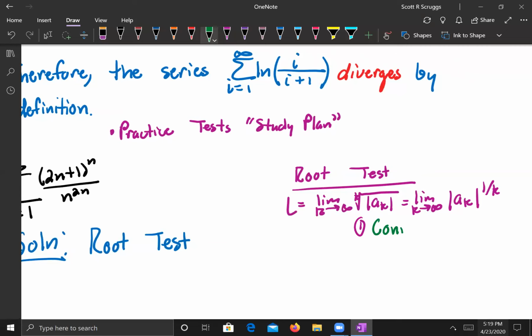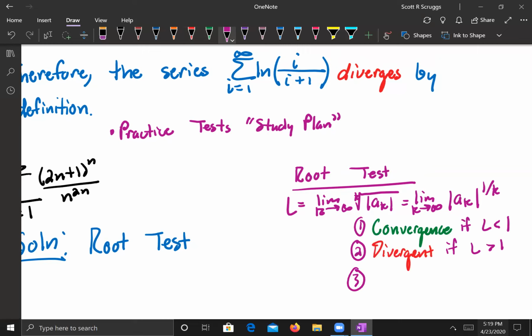You conclude convergence of the series if L is strictly less than 1. You can conclude that the series is divergent if L is strictly greater than 1.